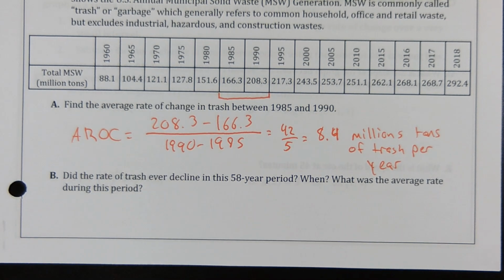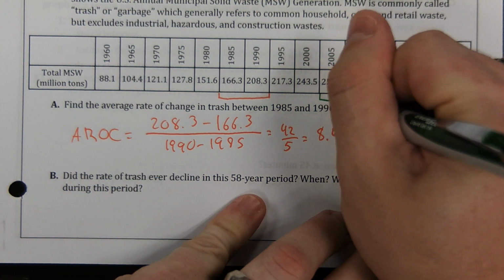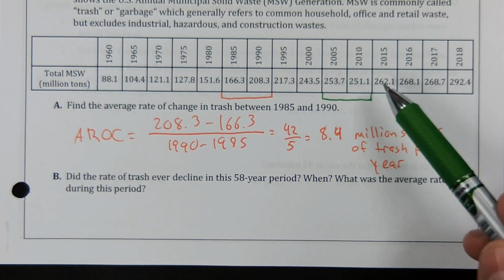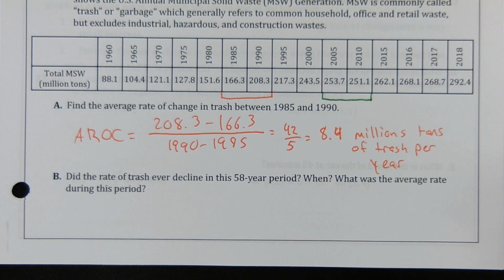Looking at this huge table of data, did the rate of trash ever decline in this entire 58-year span? Where did it decline? 2005 and 2010. There you go. From 2005 to 2010, there was a decline. We went from 253.7 to 251.1. That's the only decline.